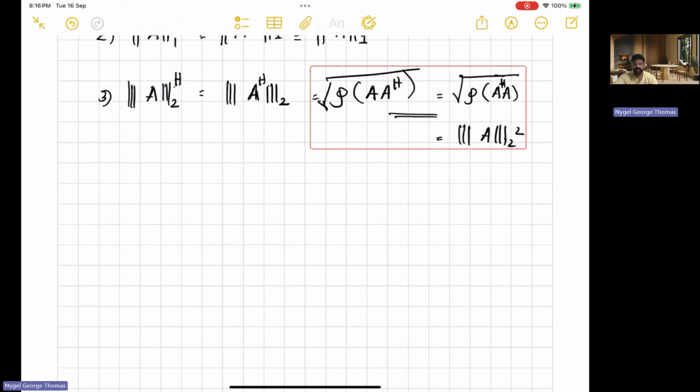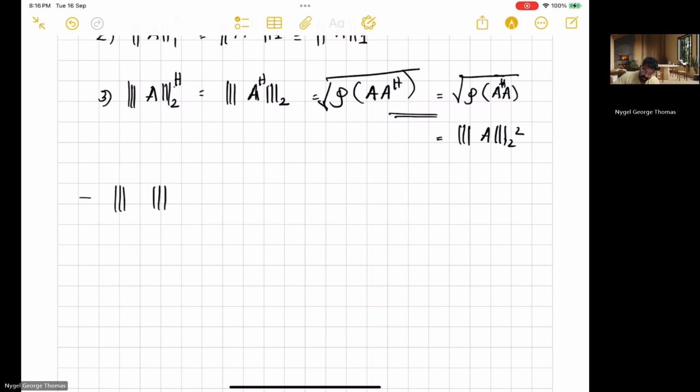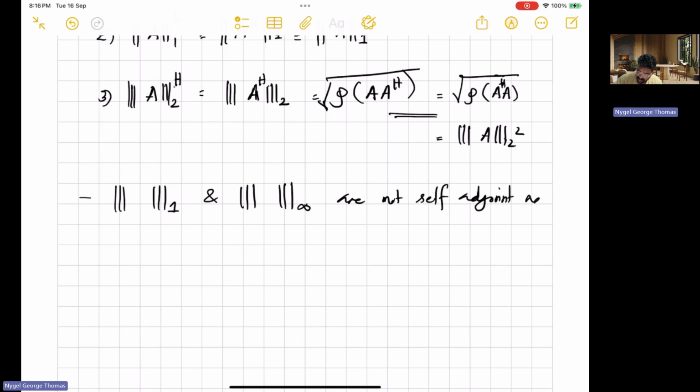Okay, so we've seen examples of self-adjoint norms, but we have to note that not all norms are self-adjoint. For example, these two norms are not self-adjoint norms.